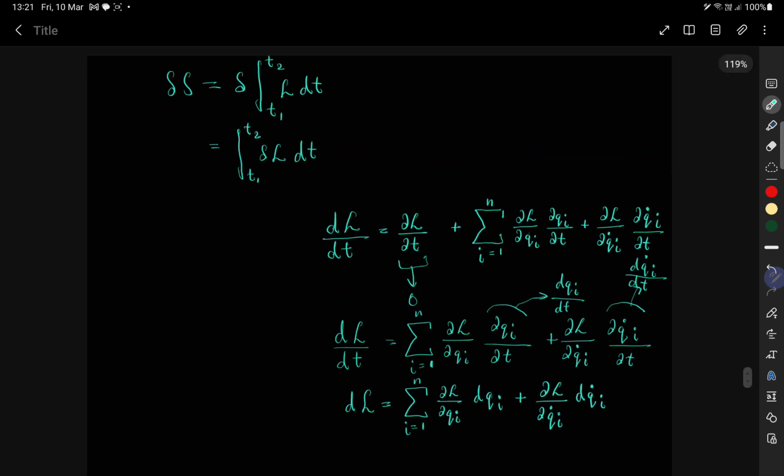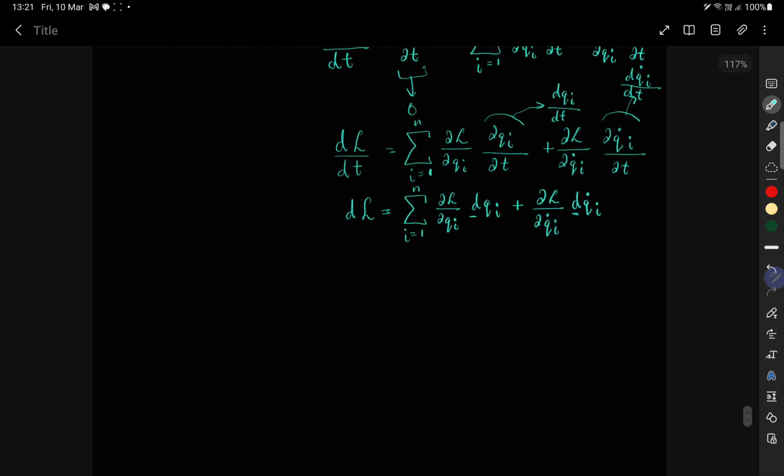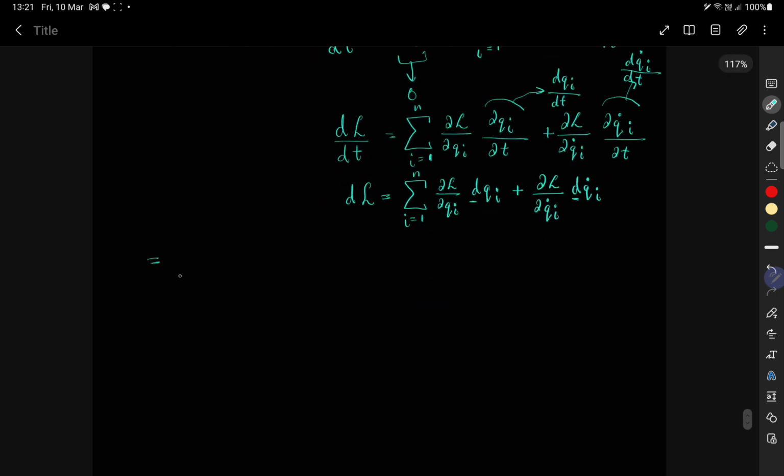Now all I'm going to do is change these two d's to deltas, because they are technically variations, just not with the limit applied. So we get delta S equal to the integral from t2 to t1 of the summation from i equals 1 to n.